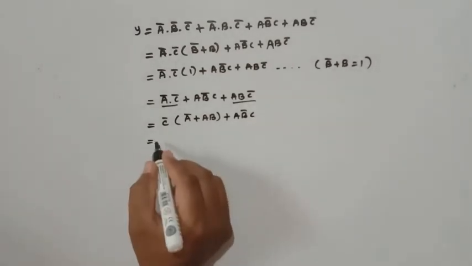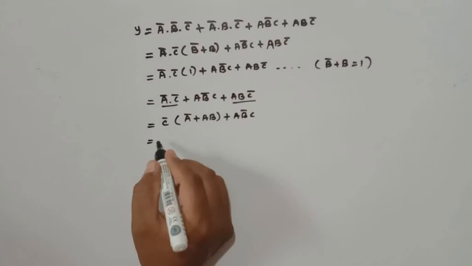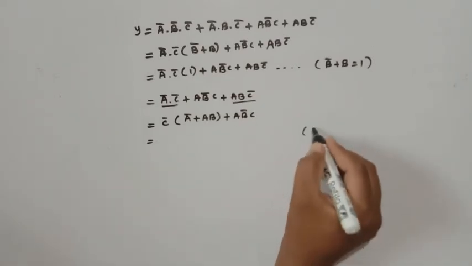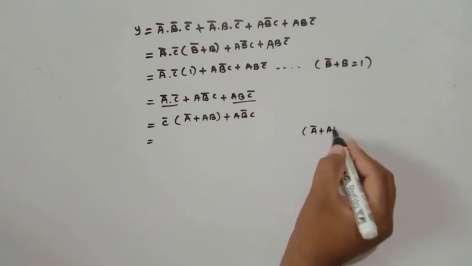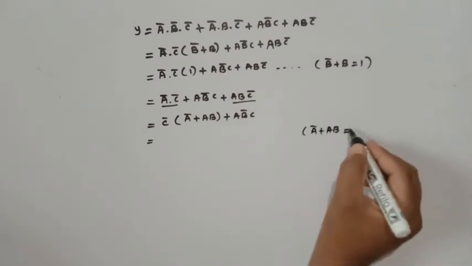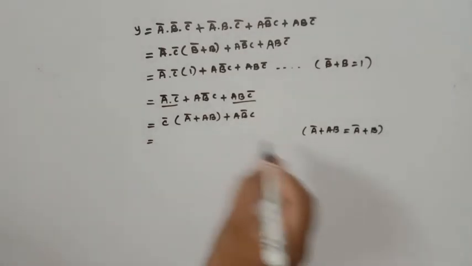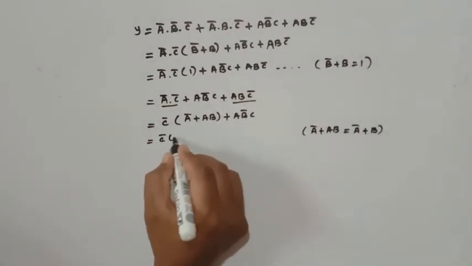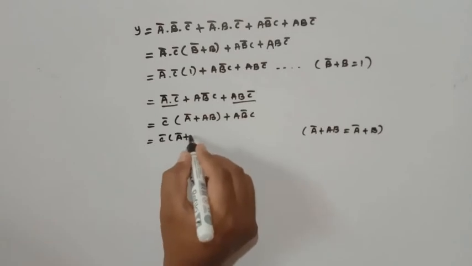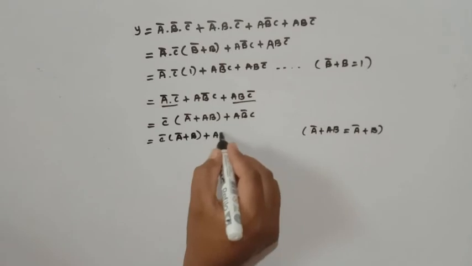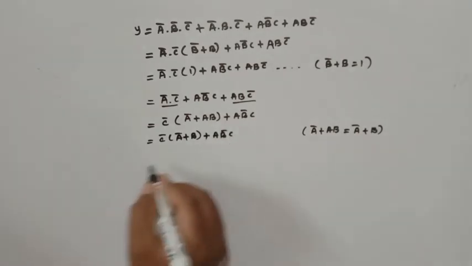If you observe, a bar + ab is nothing but a bar + b. So we apply this rule. We write c bar(a bar + b) + a b bar c.